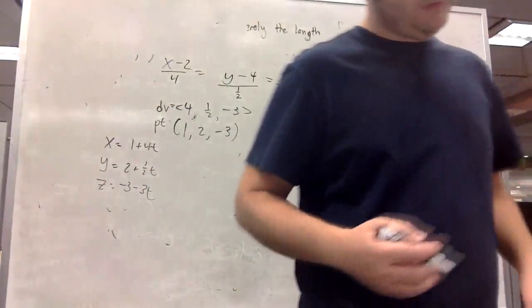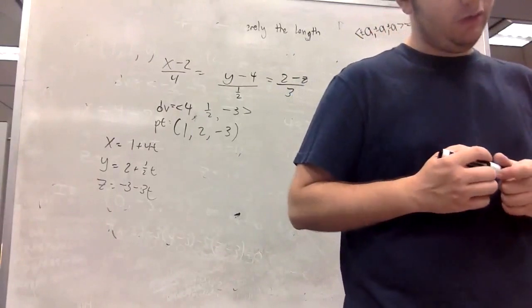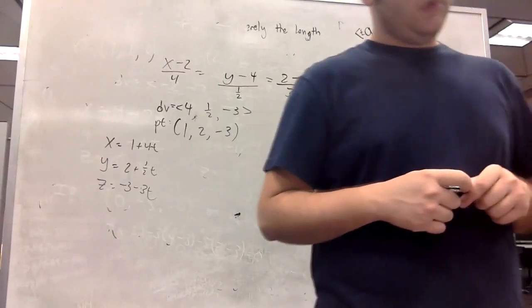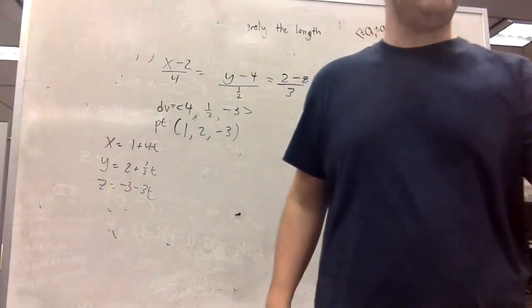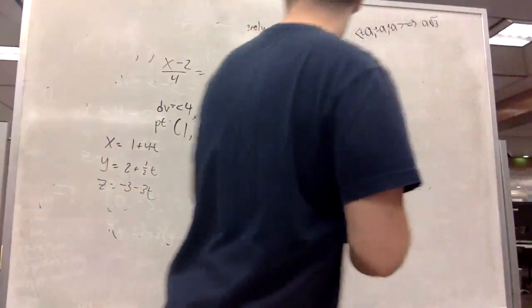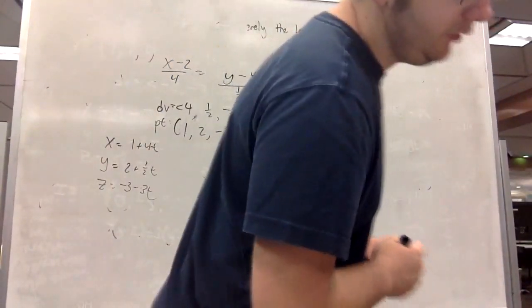At which coordinate does the line given by this intersect the plane? Oh, that's good. Okay, so here, given this equation, it's y plus 3, z minus 1 over 2.